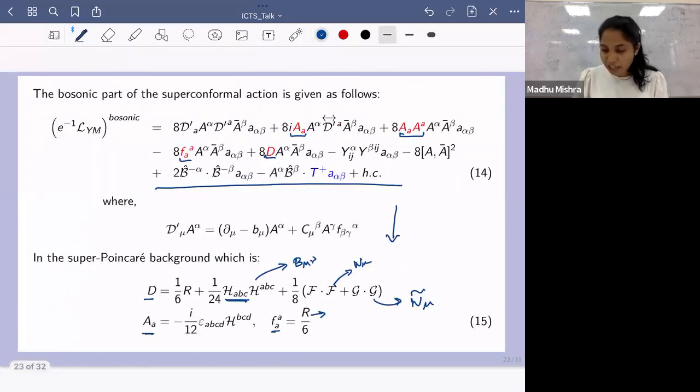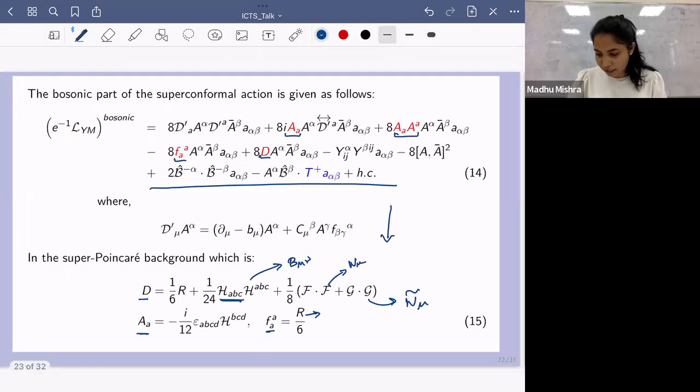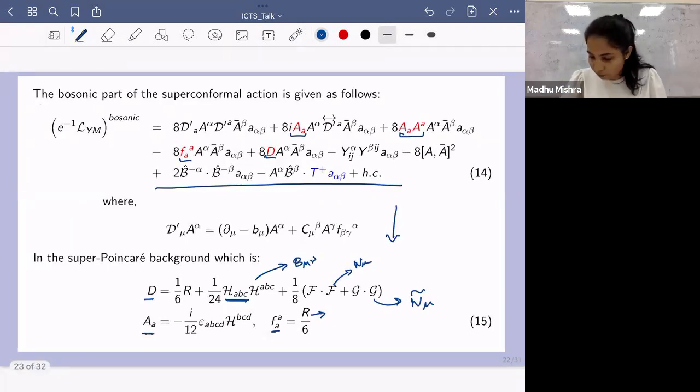I have not given the gauge fixing condition here, but once you gauge fix using the gauge fixing conditions which we saw for the conformal theory, similarly we will use them here also. We can use b_mu equal to 0 to gauge fix special conformal transformation.